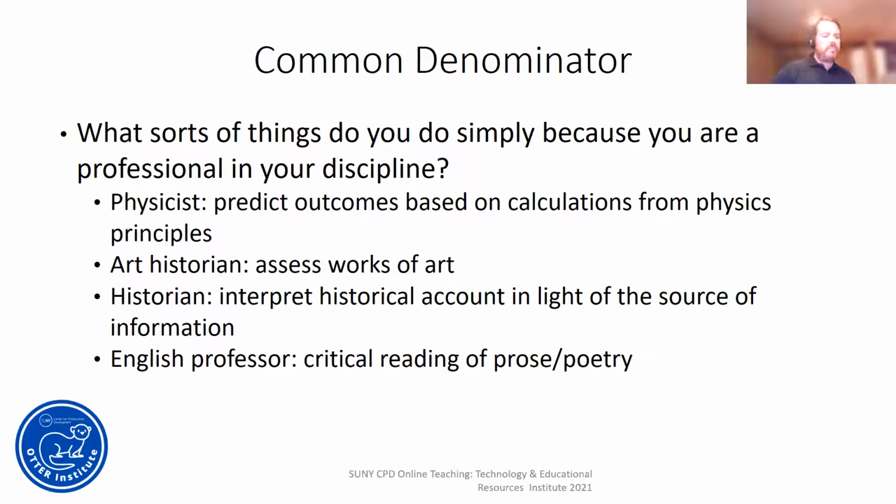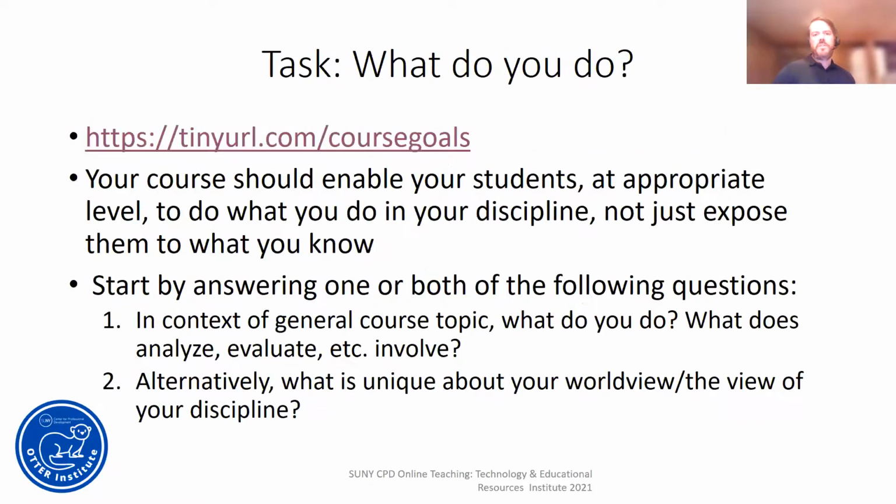So we're not going to take a lot of time for this, but I just want you to think about this. You can go to the next worksheet that I'm providing for the workshop. The first part of that worksheet talks about this question in the context of the topic of your course. What do you do? What does analyze or evaluate involve mean for you?